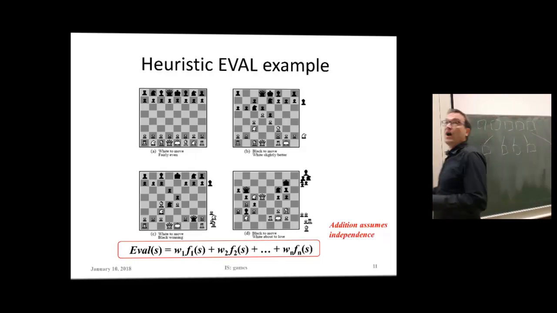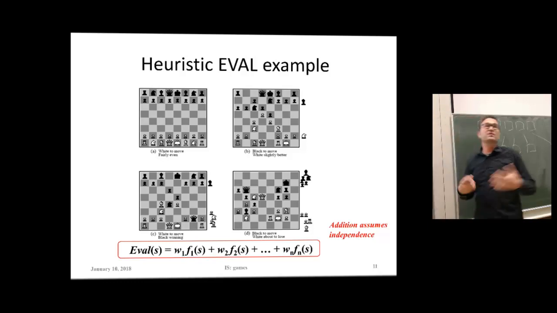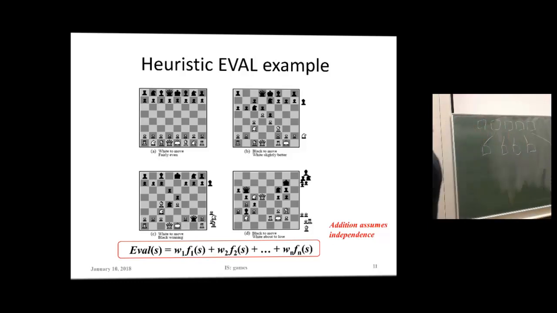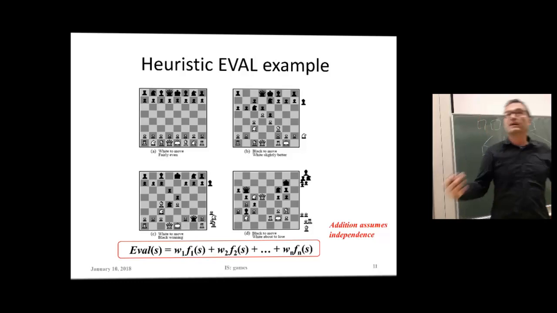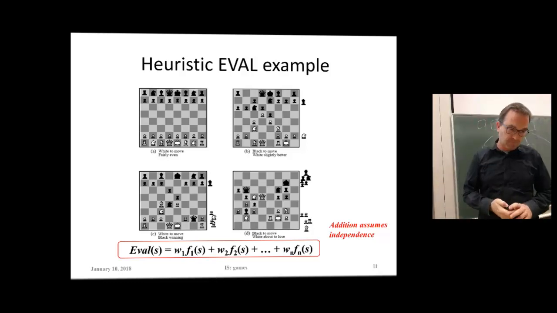I hope everybody here is familiar with chess, at least with the basic rules. Here are some examples of board positions where one would say, okay, black has a better position than white. Obviously, in the first state, in the beginning, both players should have more or less the same chances of winning.